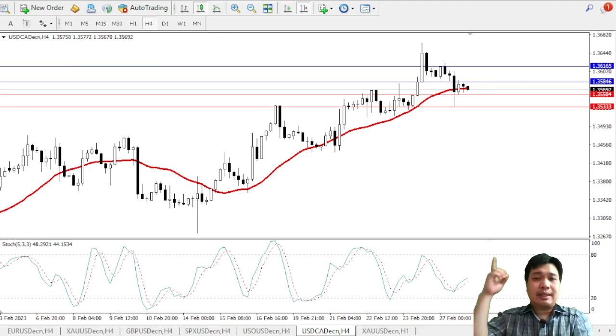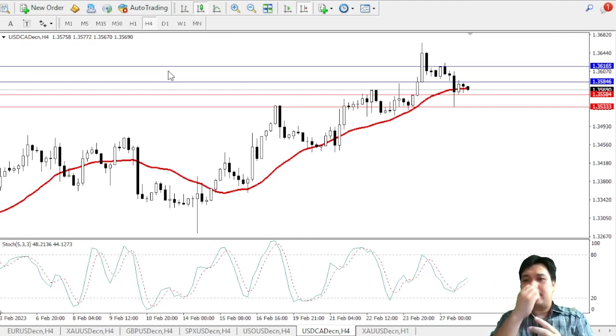In the chart above, you can see the price is moving just around the 20 period moving average, and my support and resistance levels are quite tight, with support at 1.3558 and resistance at 1.3584. It means it's in a tight range in the last few hours.